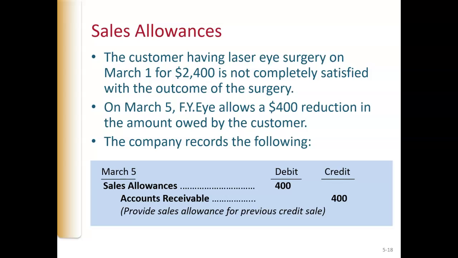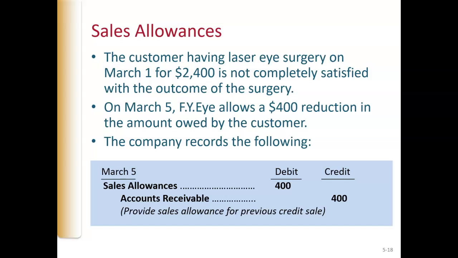So this is not a sales return. You can't take back what they did on your eyes. But we call this a sales allowance, and we credit the accounts receivable. Because, guys, do you see, we want to keep track of how the revenue was adjusted. So we show it as an allowance, but we reduce what they owe us by crediting our receivable.